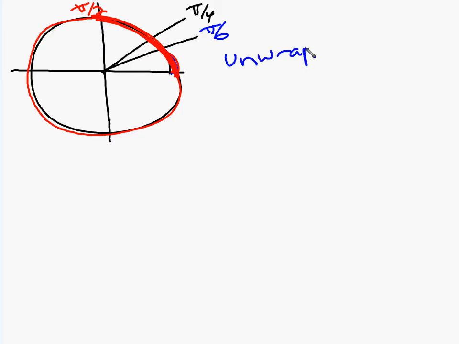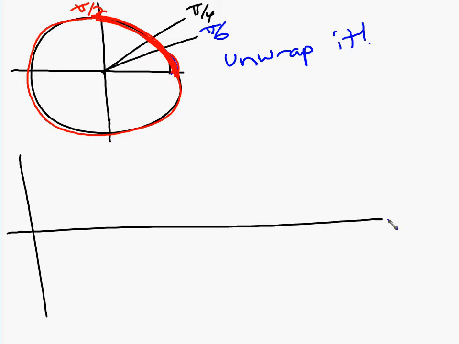if I take pi/6 and I unwrap it, think of taking a coil like a belt. If you take your belt off that's around your waist and you lay it flat on the ground, that is where we get our x coordinates for the graph.